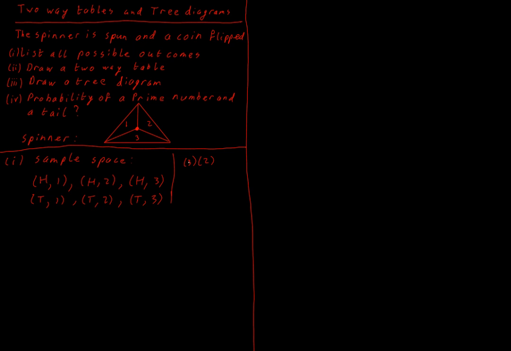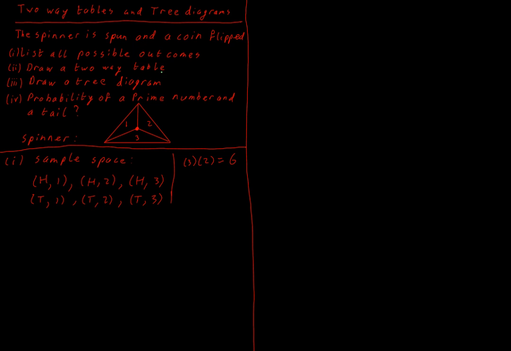We could get a head or a tail. So if we multiply that together, we get 6 total possible outcomes. So we can see that our sample space tells us how many possible outcomes we have, and we also have our fundamental principle of counting, where we multiply the number of options in one thing by the number of options in the other, and we get the total number of possible outcomes.